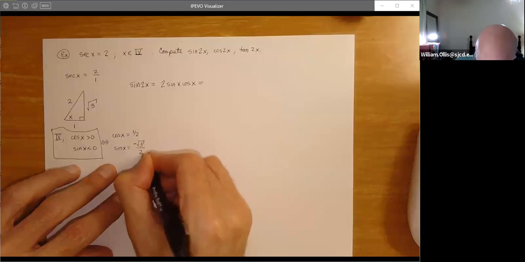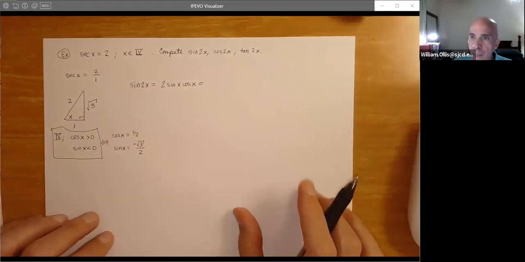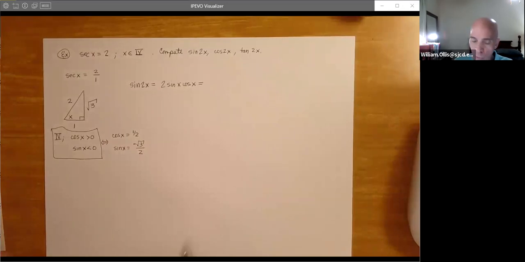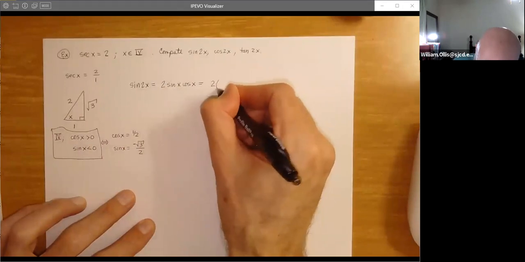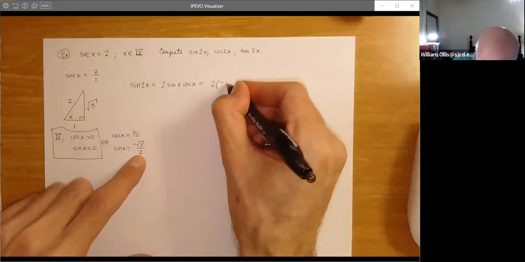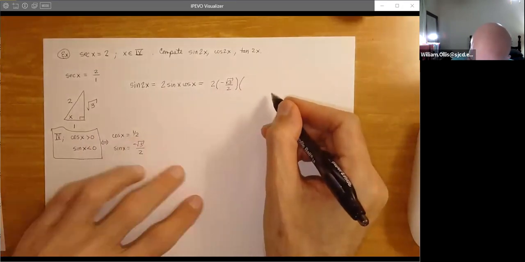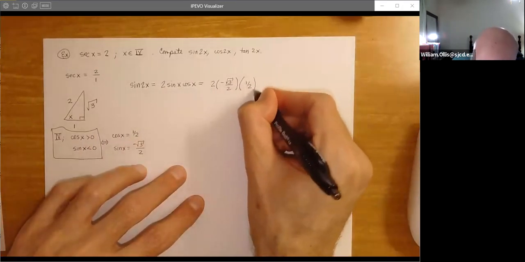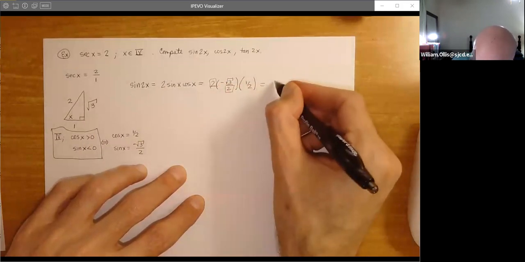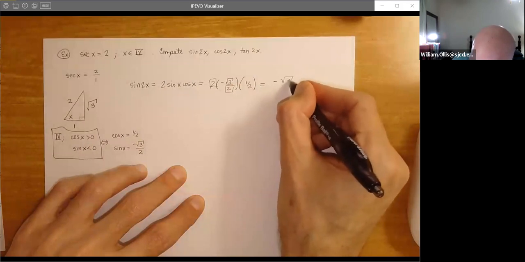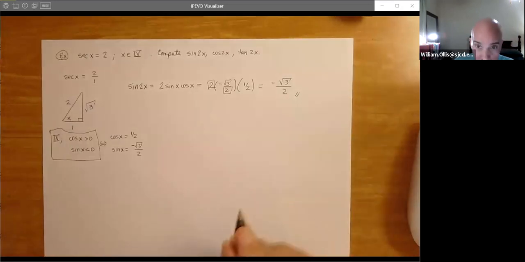So this is stuff that we already know about, but it shows you how, when we're working with any kind of number, we just follow the new identities. So this will be 2 times sine x, negative root 3 over 2, times cosine, 1/2. Now the 2's absorb, so we get negative root 3 over 2, as we would expect.